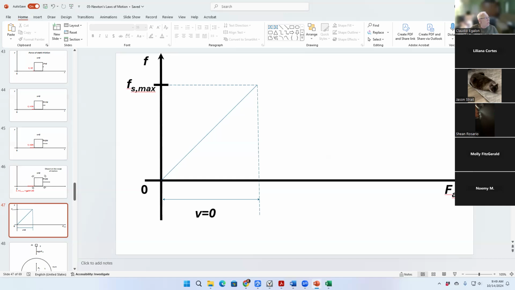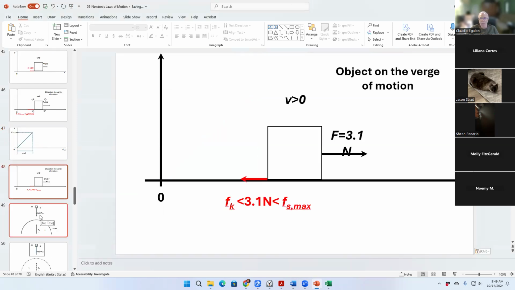Then, we're going to talk about once we exceed this maximum value of applied force. There you go, the object starts to move. 3.1 newtons.